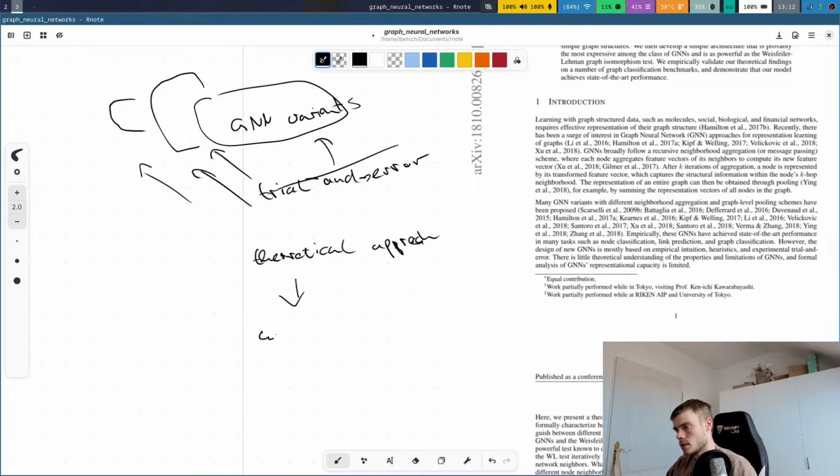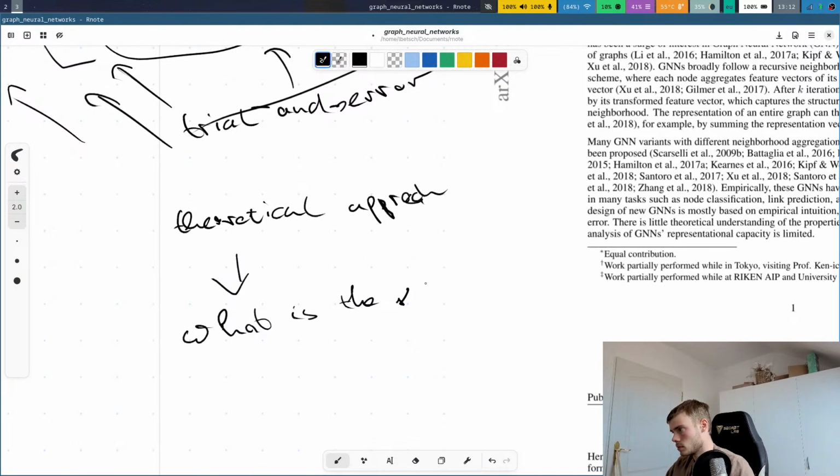So what is the theoretical limit to the architecture?